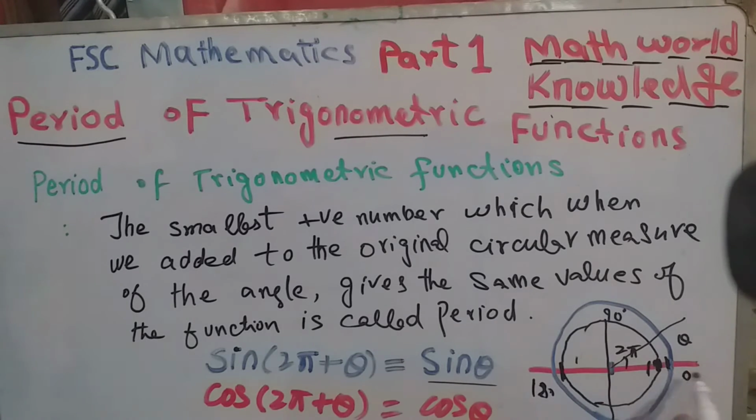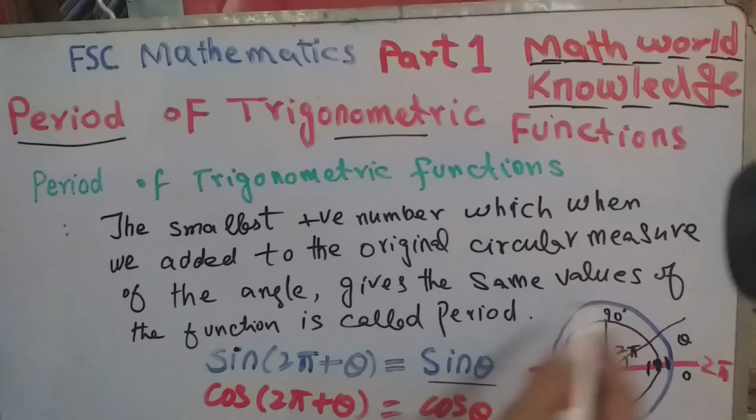We can add 2 pi plus theta, it means the first quadrant. You know, in trigonometry, we already understood in chapter number 10 the first quadrant, in which all trigonometric functions sine, cos, tan, secant, cosecant, cotangent are positive. So in this way cos of 2 pi plus theta is equal to cos theta. Here the period of cos function is 2 pi.